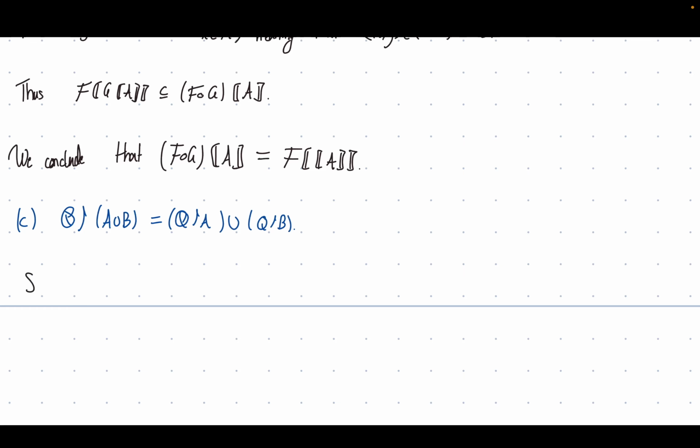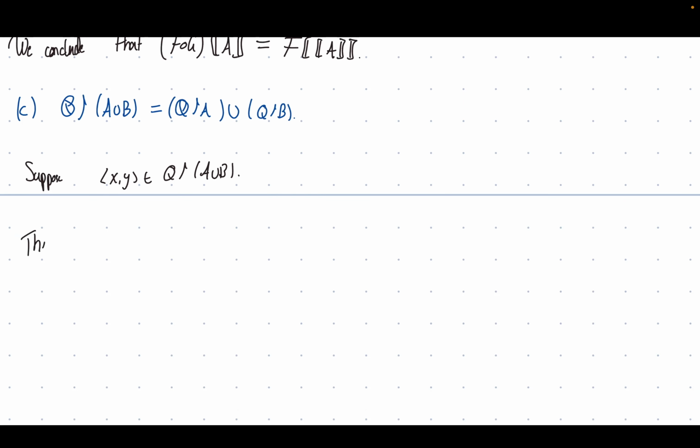So let's suppose that x, y is in Q restricted to A union B. Then x, y must be in Q and x is in A union B. So x is in A or x is in B, or x is in A and x is in B.